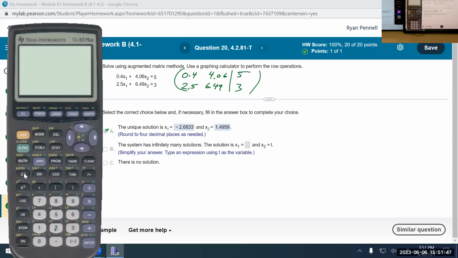So let's go to second matrix. Scooch over to math. We want to find the RREF. There it is. That's reduced row echelon form. That's where it's fully reduced. That's what we were doing. I'm asking, do all the arithmetic for me. Okay, so do that. Enter. And then what matrix do we want it to work on? The one I just entered. There we go. And it outputs the answer. Okay, so there it is.